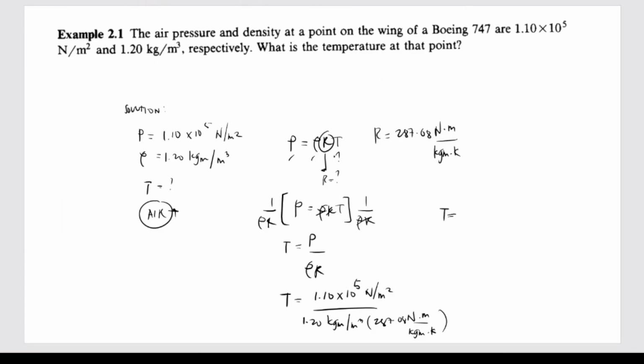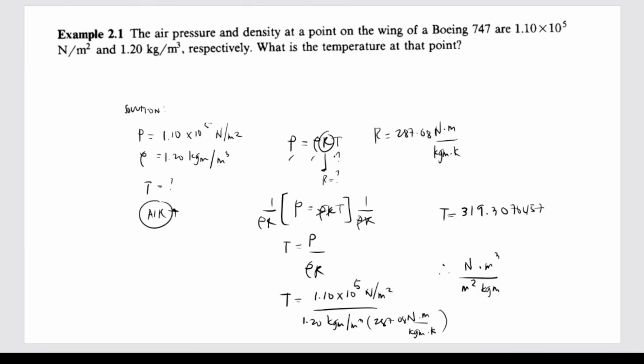So, temperature is equal to, numerically, 1.10 times 10 raised to 5 over 1.20 times 287.08, and I have 319.3070457. So, the question is, what are the units? If we arrange the units, we put here Newton per meter squared. Next is kilogram mass, and the denominator of the denominator goes up.